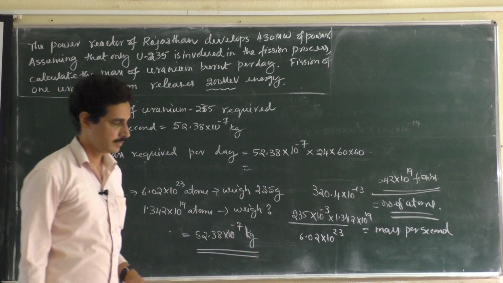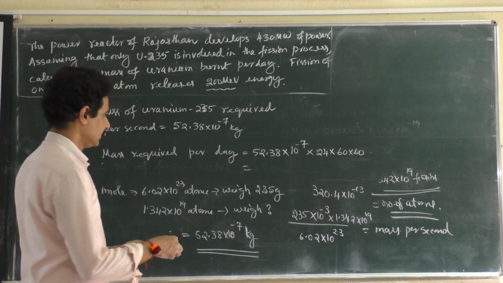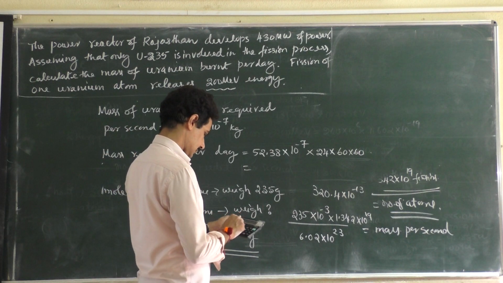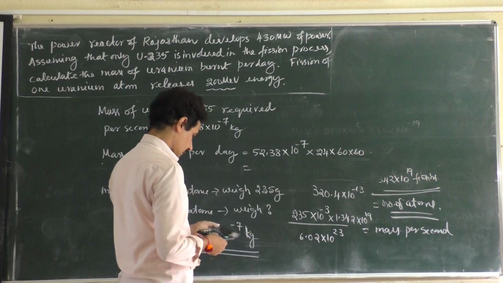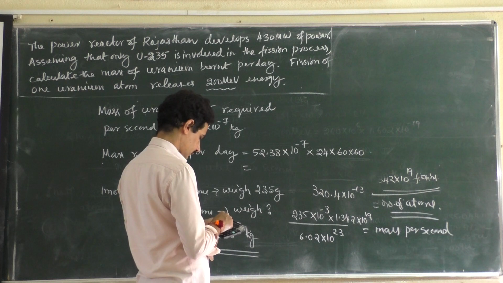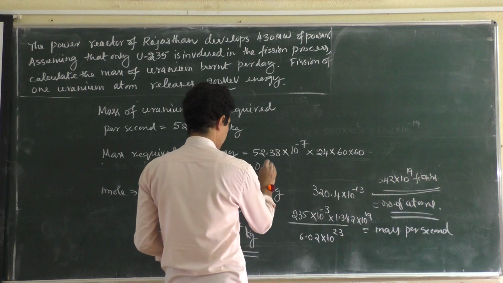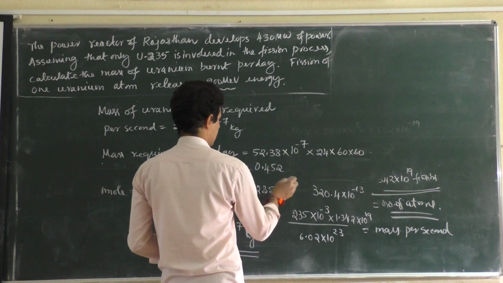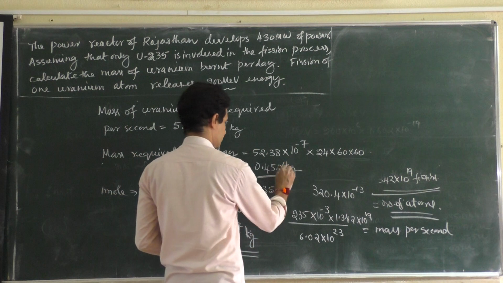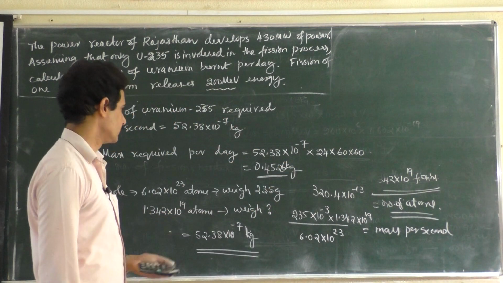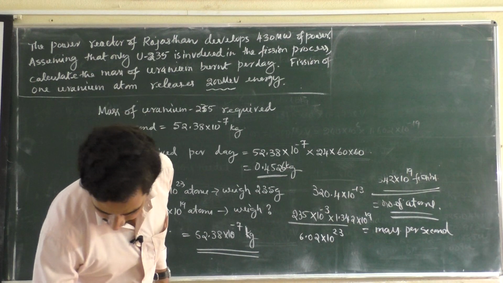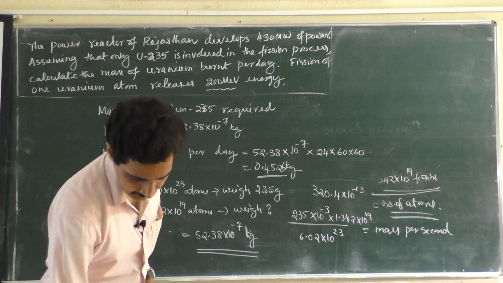That is equal to 52.38 into 24 into 60 into 60, which is a very big number, with minus 7 power, so 0.4526 kg. I get a large number, but I have a 10 to the power minus 7. Even after adjusting 10 to the power minus 7, I get that much answer.